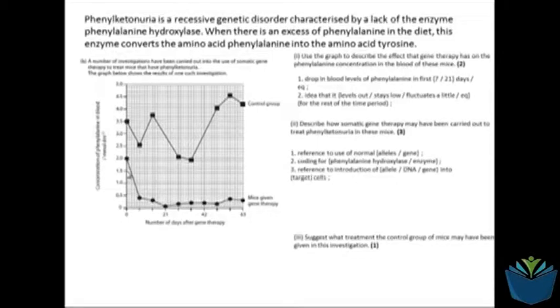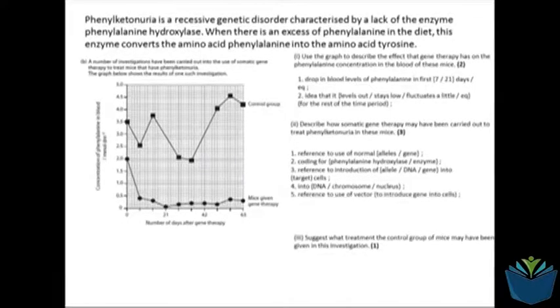Therefore you'd have to reference how that's introduced into the target cells. From there, you say that it's going to be put into the DNA, into the chromosomes, or into the nucleus, so mentioning put into some genetic material.